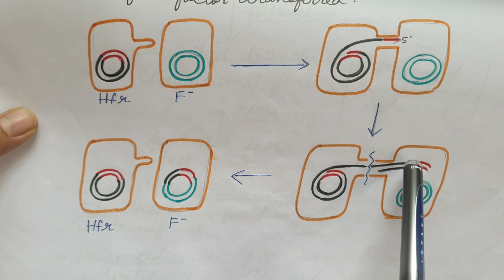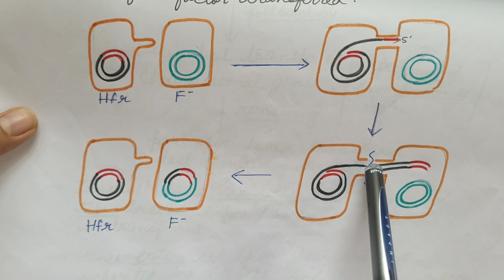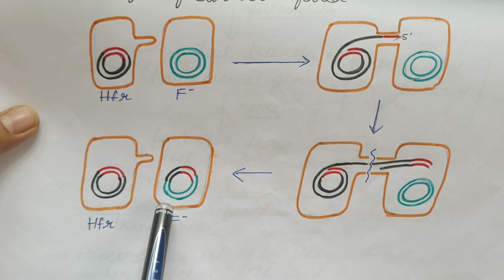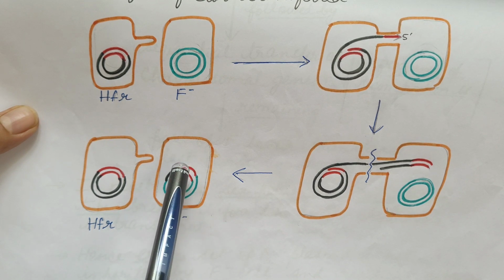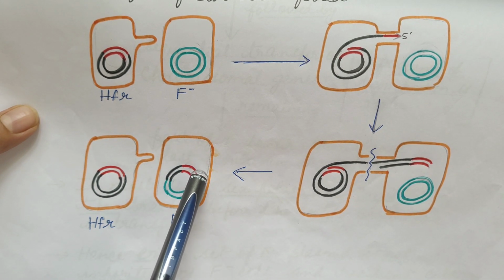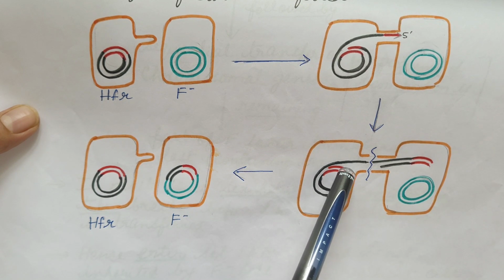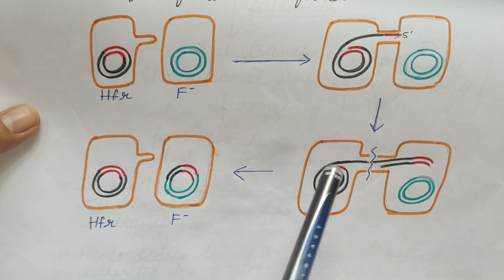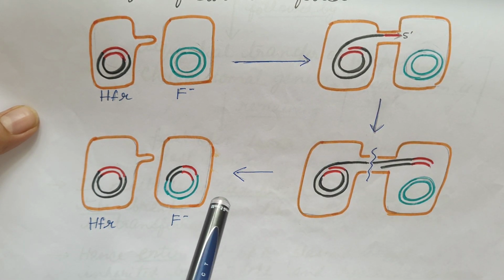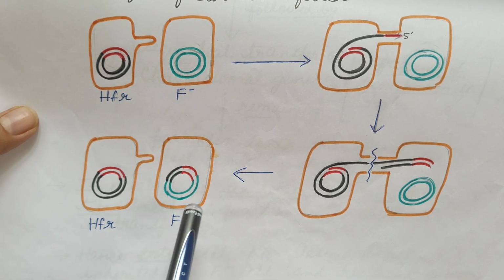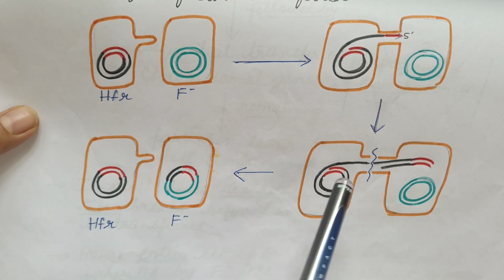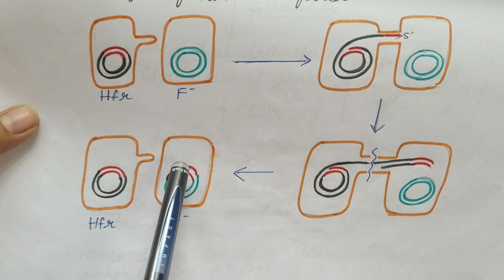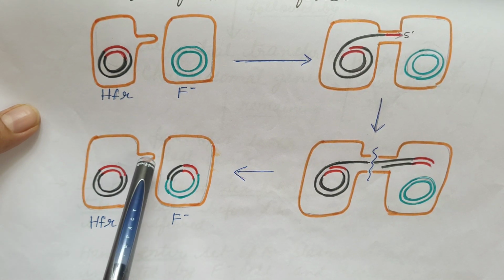Only a portion of the F plasmid and a portion of the bacterial chromosome is transferred. As a result, the cell which we get is still F minus, because the entire strand of the F plasmid is not present. This region, which is the tra region or which has tra genes, is not transferred. This tra gene is responsible for the expression of the sex pilus and other functions of the donor cell. Since it is not present in this cell, it does not function as a donor cell. And this cell is the HFR cell.